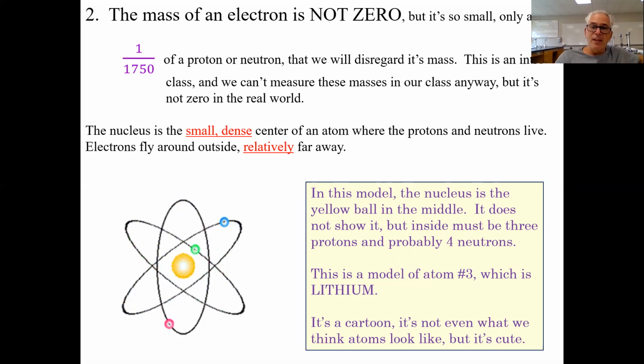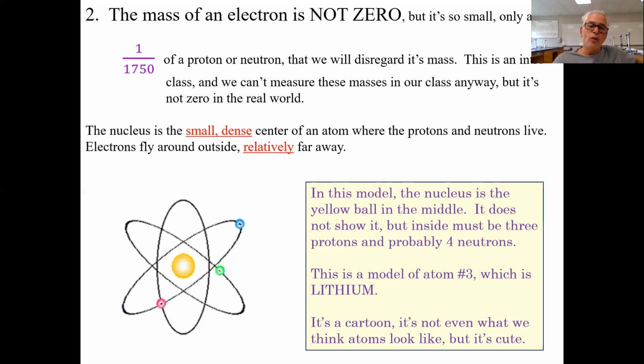Now, if it's lithium and it has 3 electrons, the positive part of the atom, the protons, has to equal the negative part. And that would mean it has to have 3 electrons and 3 protons, because the positives equal the negatives. Lithium atoms are neutral. How cool is that?